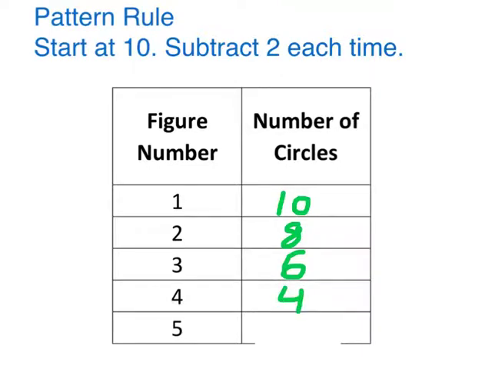And finally, figure number 5 would have 2 circles in it. So patterns don't always have to grow. Patterns can also get smaller, as in this example where each figure number has fewer circles than the one before it. So we can use subtraction as well as addition.